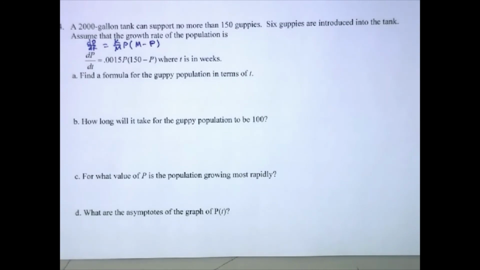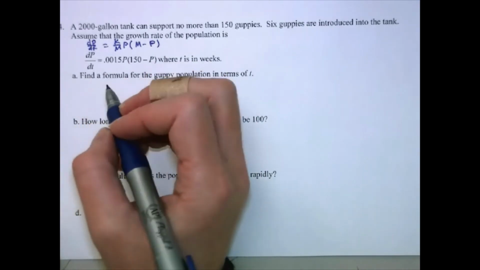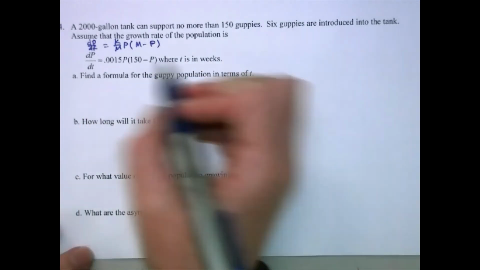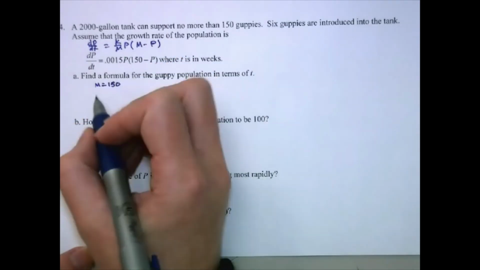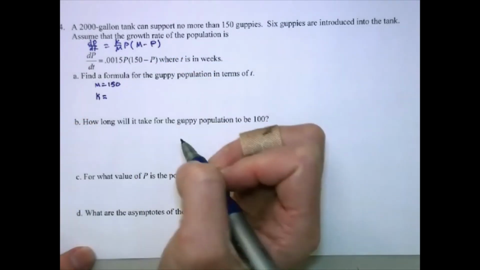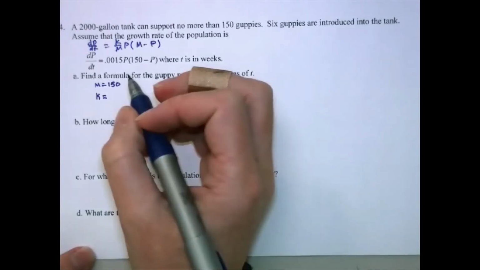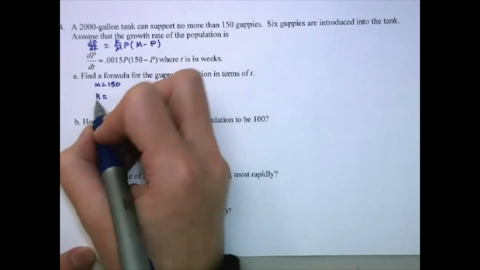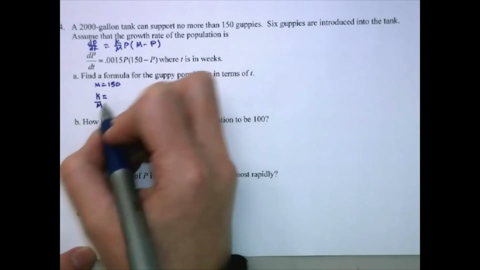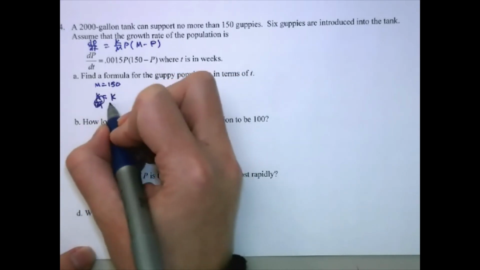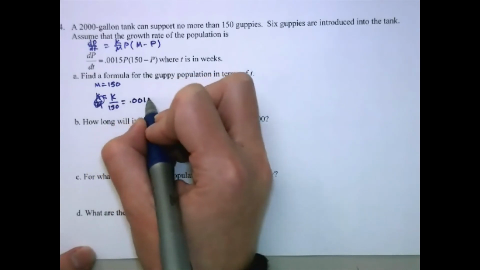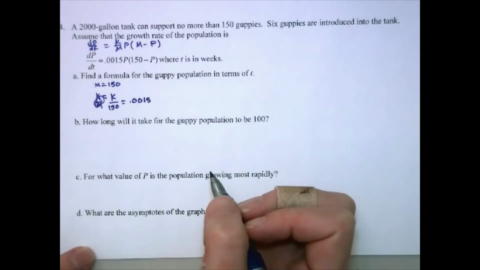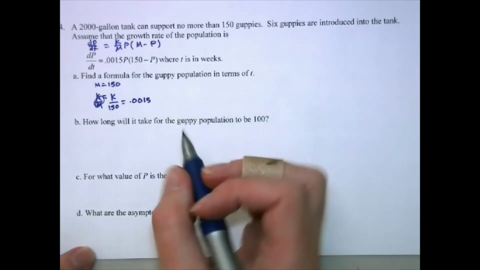Okay, so we're going to find the formula. So we need to figure out what K is. We know that M is going to be 150. Our K is going to be, well, K over M, which is 150, is going to equal 0.0015. So to solve for the K, we're just going to multiply.